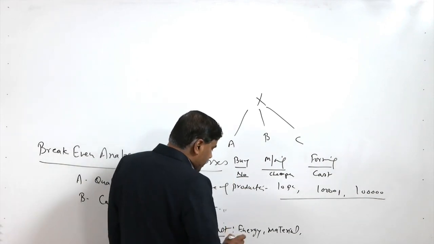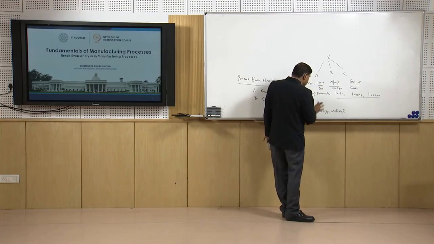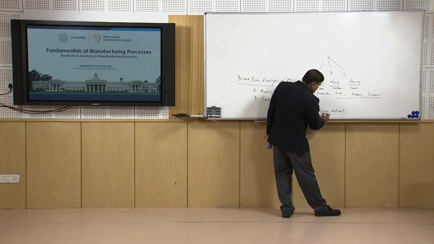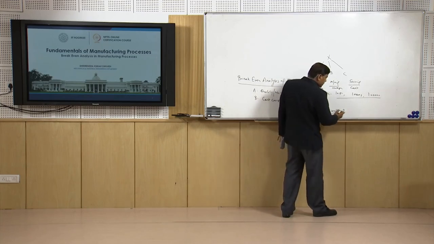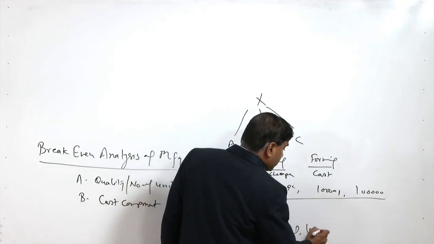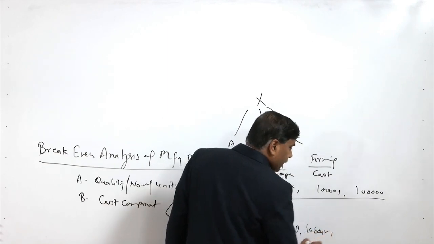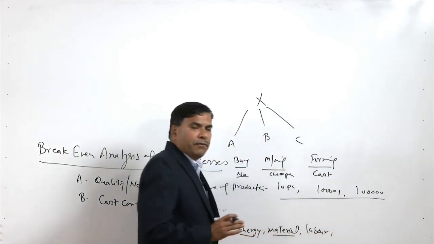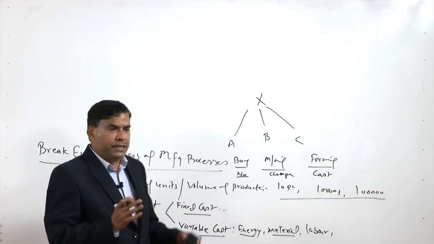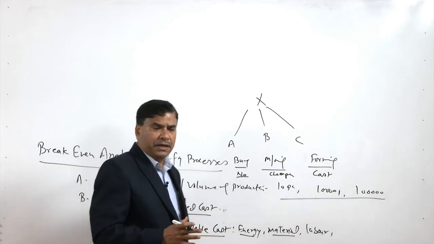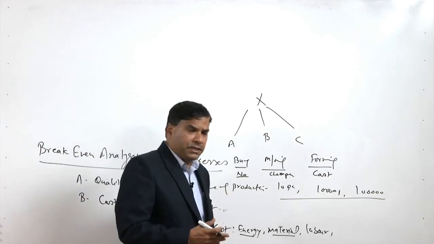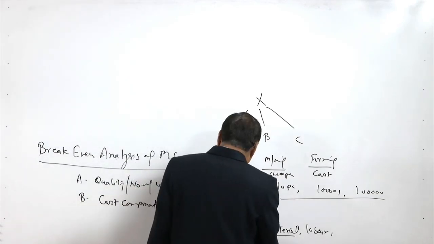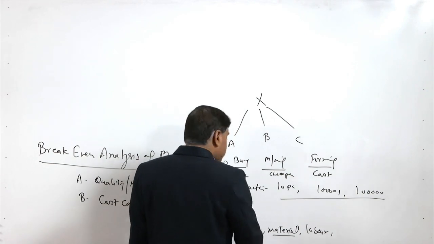So, the cost related with the production of each unit, like how much energy is consumed by each unit, how much material is consumed by each unit, and then how much labor cost is involved. And then we need to take care of the administrative aspects like the security, the rent of the building, or other administrative costs, which also form part of the variable cost.